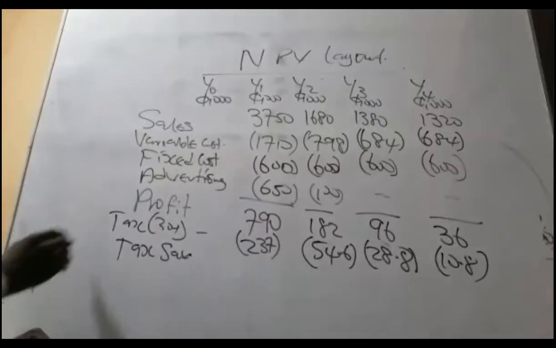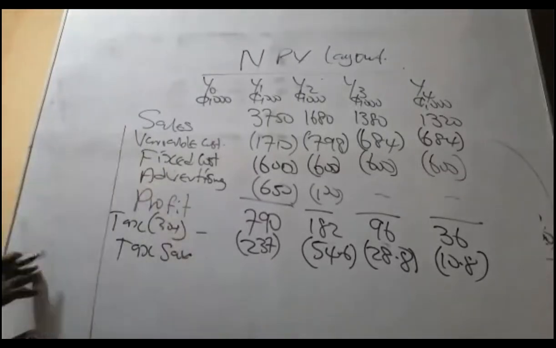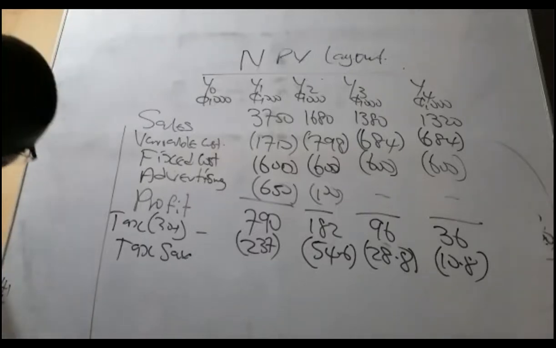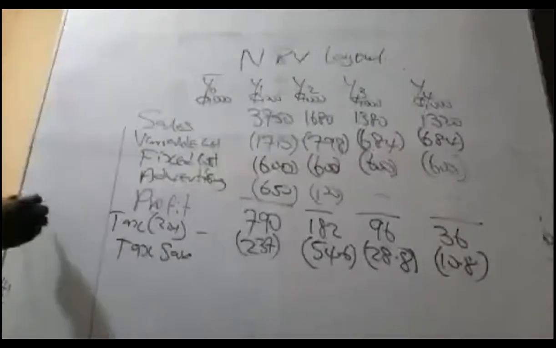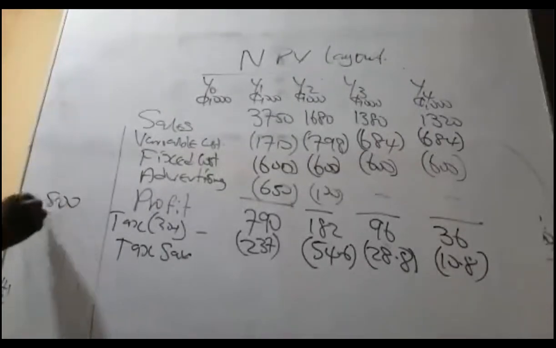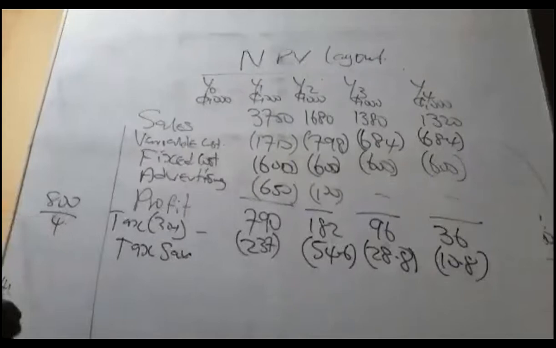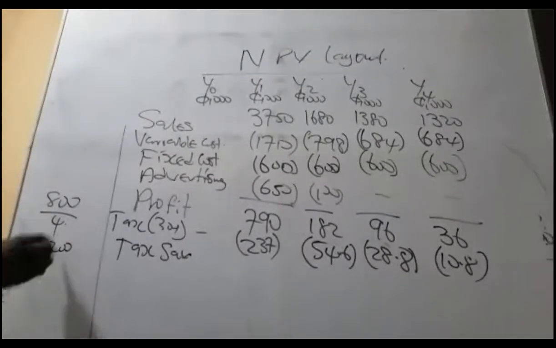Capital allowance is the depreciation. So the depreciation will be what? The 800 divided by 4. That will give us 200.